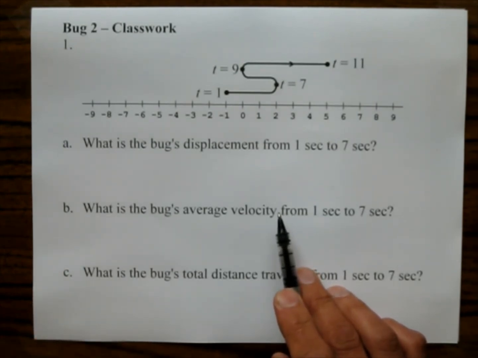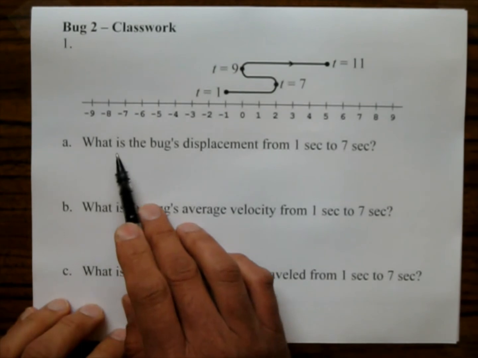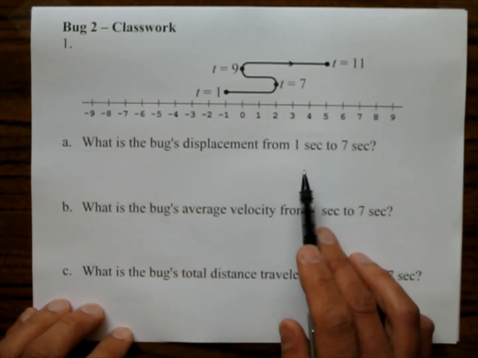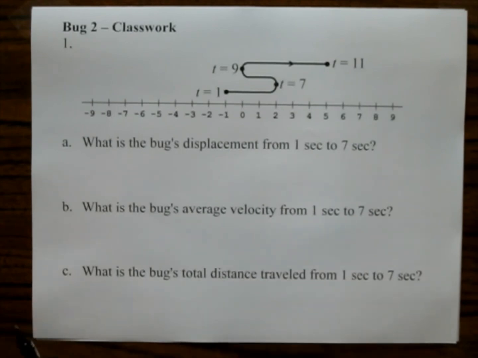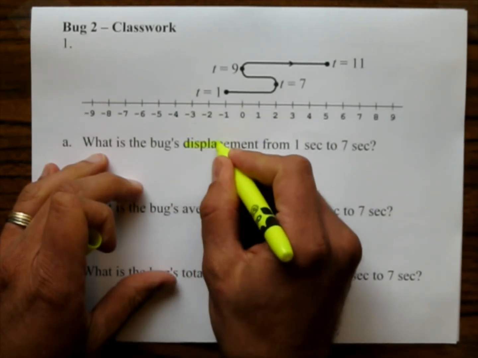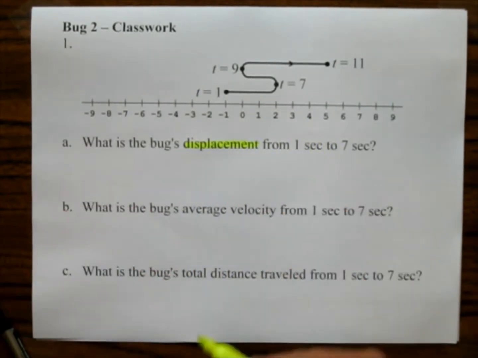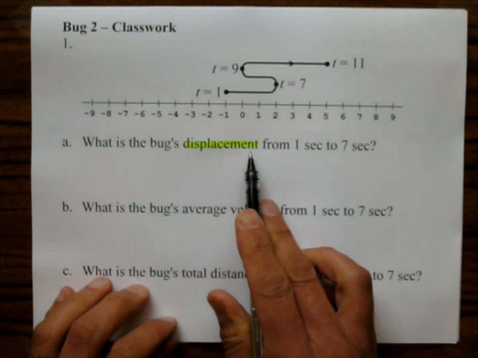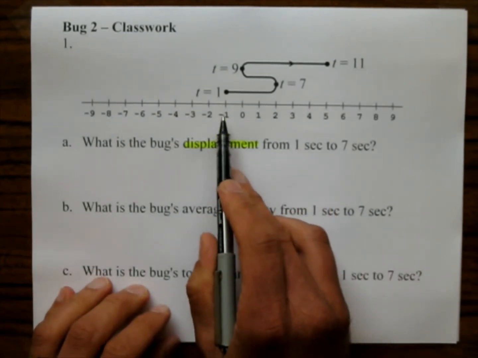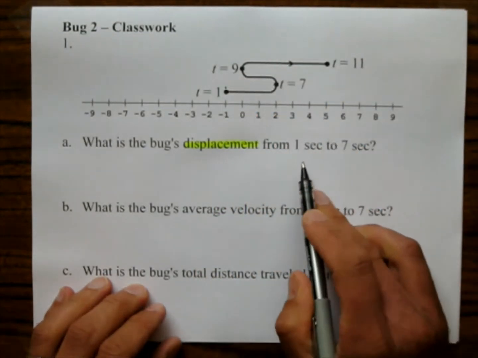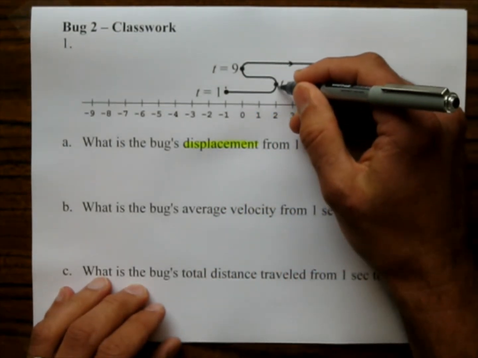So I guess the question is, what is the bug's displacement? This is a new word, displacement. What is the bug's displacement from 1 second to 7 seconds? So where is the bug at 1 second? He's right here. And at 7 seconds, he's right there.